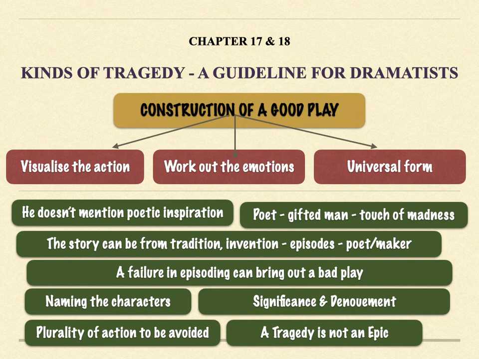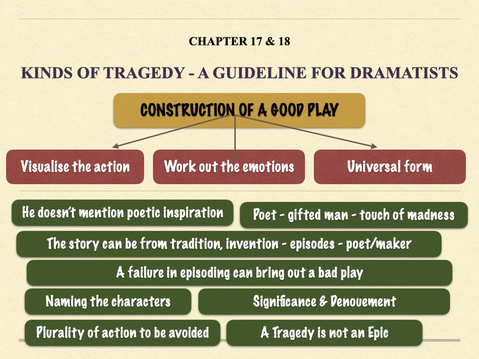He also adds that the story can be from tradition or it can be the dramatist's own invention. But what matters would be the episodes, because the episodes or the arrangement would be done by the maker. A failure in episoding can bring out a bad play. So this is very, very important.